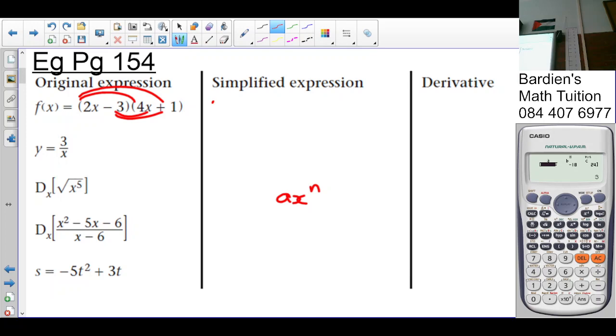So what do we get? f of x equals 8x squared plus 2x minus 12x, which gives negative 10x minus 3. Now apply your derivative quickly.